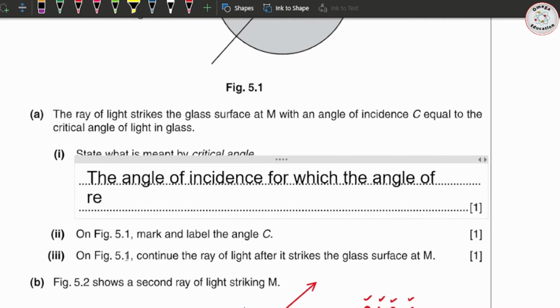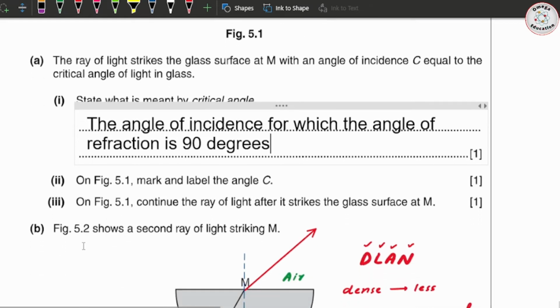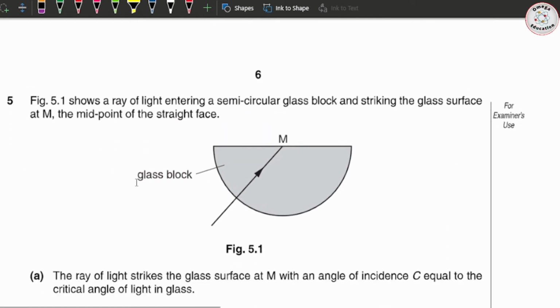The angle of incidence for which the angle of refraction is 90 degrees, that special kind of angle of incidence is called critical angle.